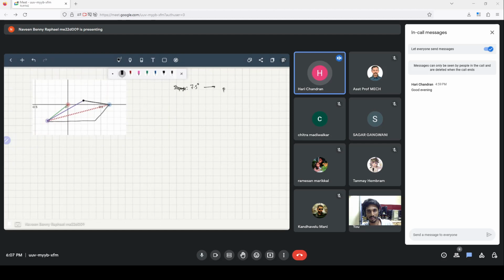How many pulses do you have to give to generate a velocity of 10 revolutions per second? This is not a difficult question, but yeah.